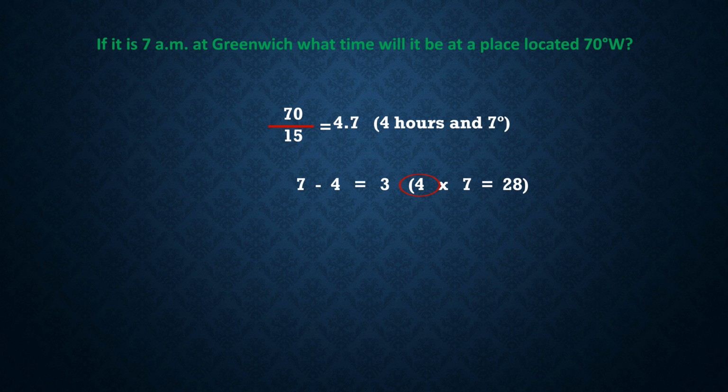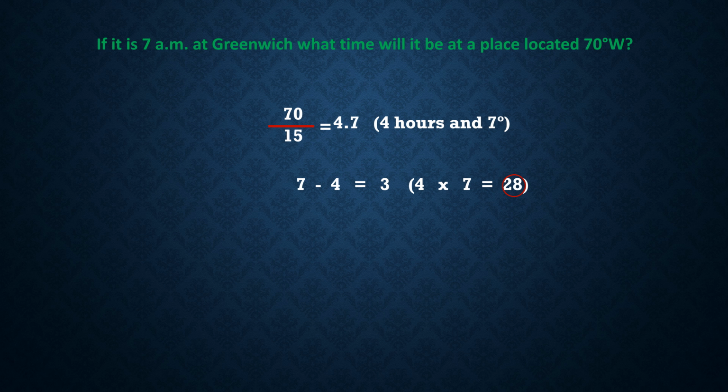Remember I told you about how many degrees equal to 4 minutes? Well, it is now coming into play. 1 degree is equal to 4 minutes. Therefore, we are going to multiply our 7 degrees by 4 minutes in order to change it into minutes. Therefore, we will get 28 minutes.